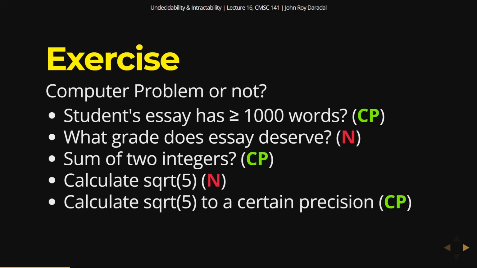But if you want the full value of the square root of 5, the computer might not be able to do that, because the full value might have too many decimal values. If we ask it to cap it at a certain precision, then that is a computer problem, because it will be finite.